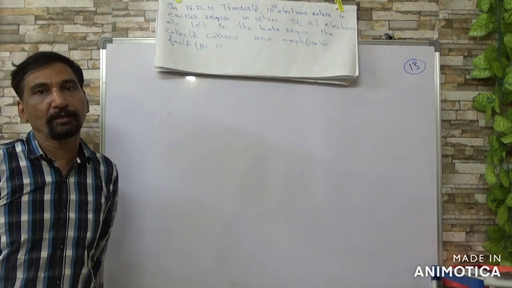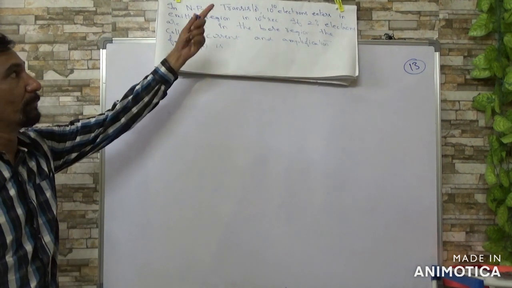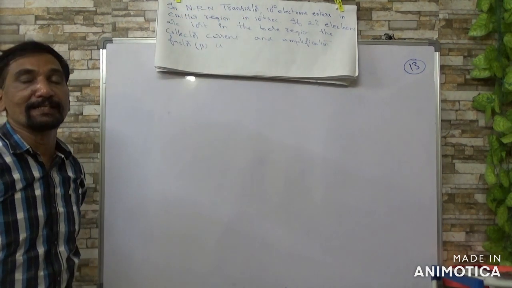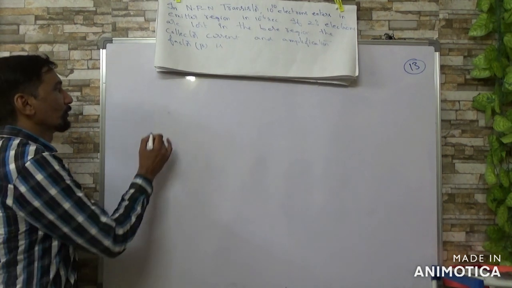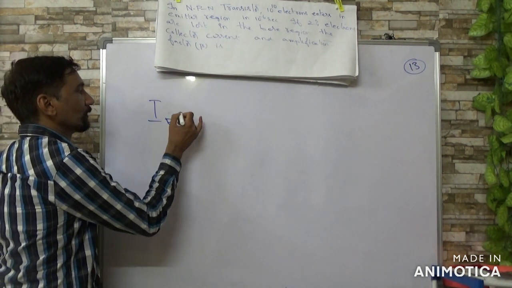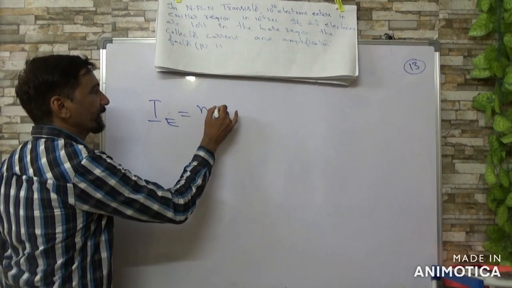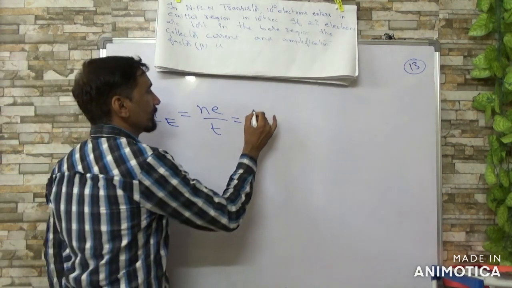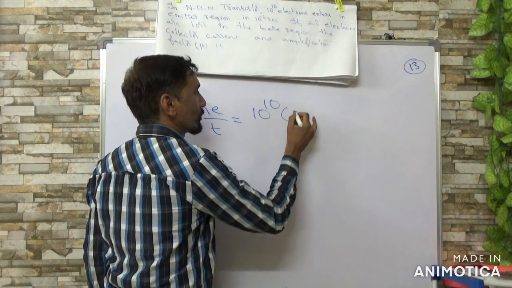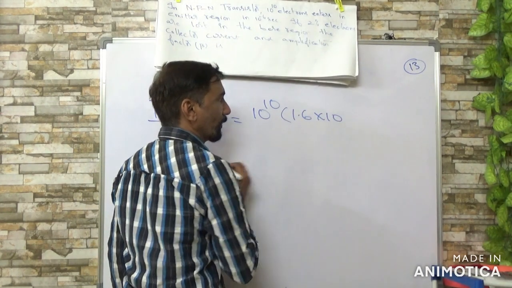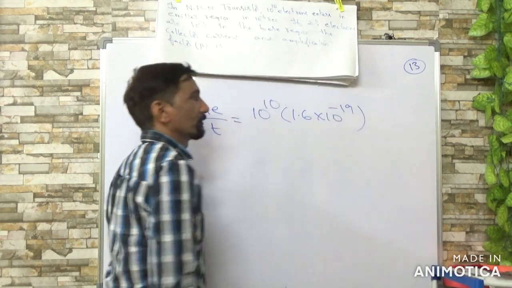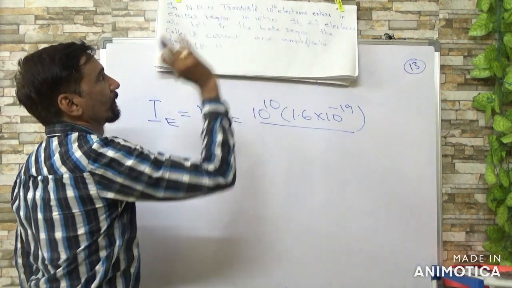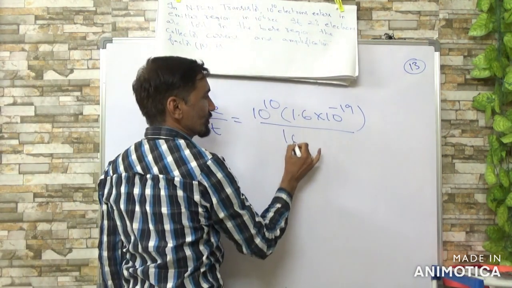Now, about the given problem. 10 power 10 electrons are entered in the emitter region in 10 power minus 6 seconds. So emitter current equal to Ne by t. Number of electrons entering the emitter is 10 power 10, electron charge 1.6 into 10 power minus 19, in 10 power minus 6 seconds.